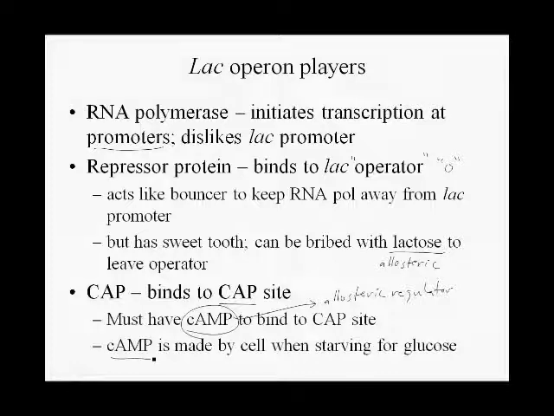And cyclic AMP you can think of as an alarm molecule that's made by the cell when glucose levels are low. So when glucose levels are low, the cell makes cyclic AMP. The cyclic AMP then binds to CAP, and the CAP protein with cyclic AMP bound binds to the CAP site on the DNA to recruit RNA polymerase.